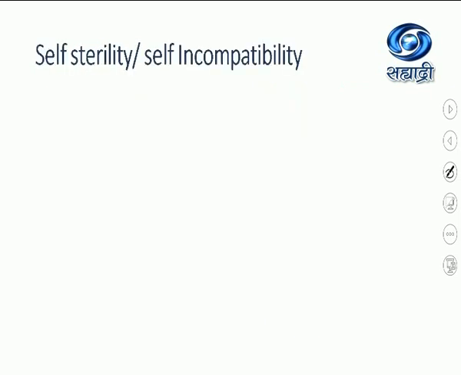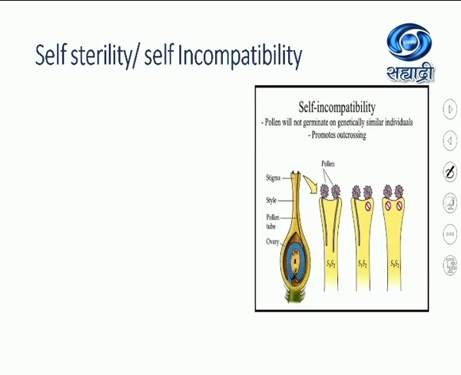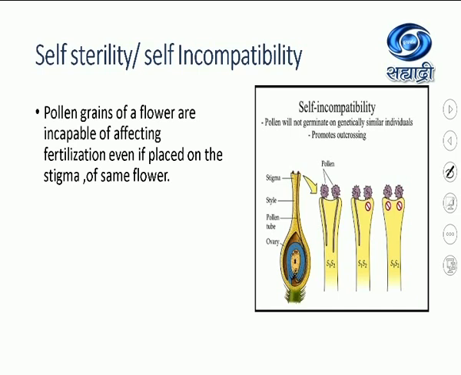Next, the third is self-sterility or self-incompatibility. You can look at this picture. Pollen grains of a flower are incapable of effecting fertilization even if placed on the stigma of the same flower. You can see in the first picture, S1 and S2. The pollen grains might be from a different type of flower.